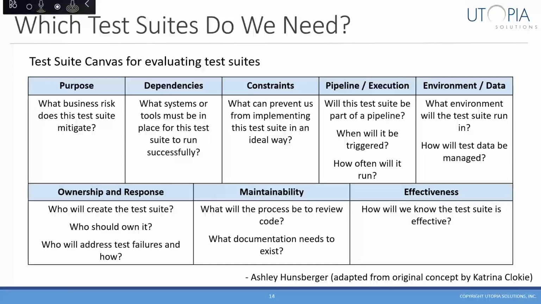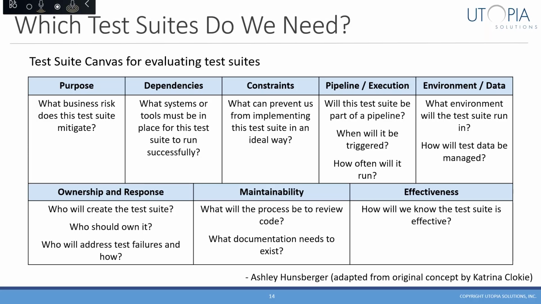So let's quickly go through the test suite canvas. So first, it has to have a purpose, right? Why are we going to build it in the first place? And that typically is aligned with the risks that we're trying to mitigate with it. What are the dependencies? So if I'm going to build this test suite, what systems or tools and other things need to be in place for this test suite to run successfully?